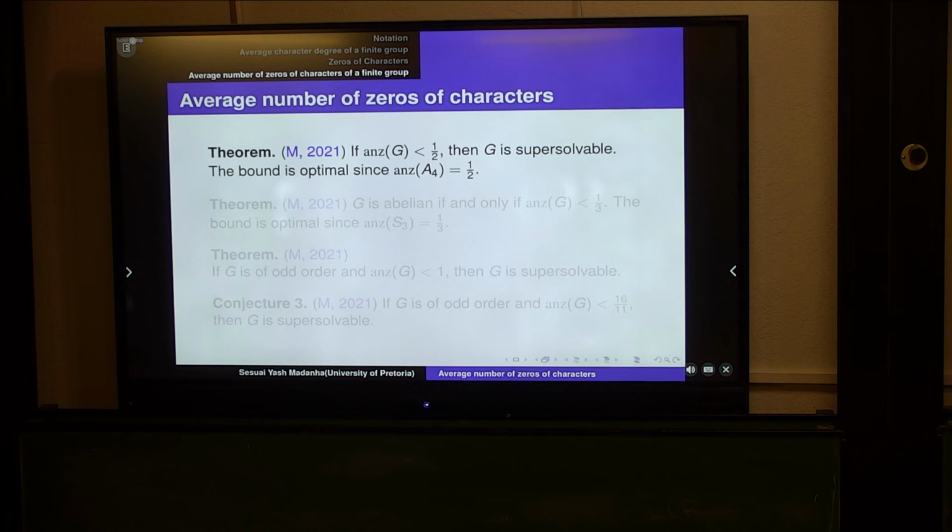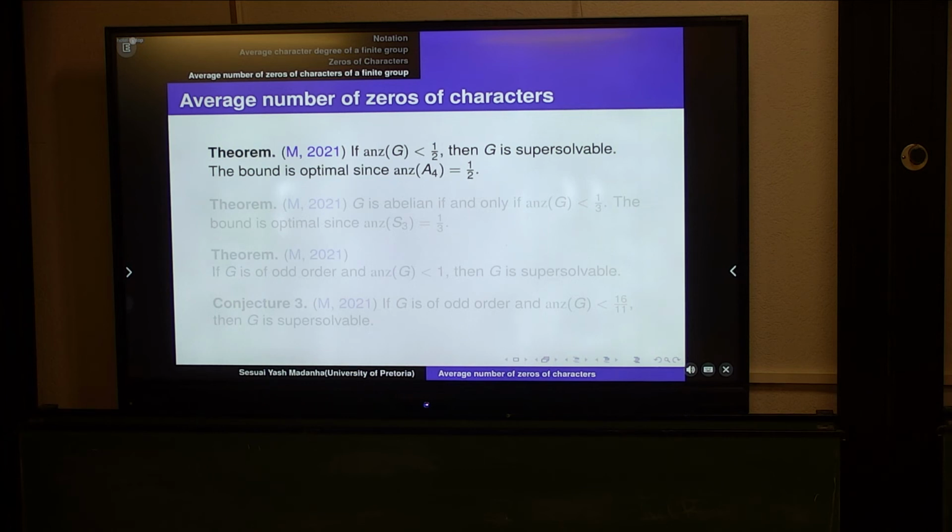And then I went on to look at supersolvability, and again, the bounds are guided by the groups that gave us optimal average character degrees. So again, I looked at the average character degree and saw that, okay, for A4 it is a half, so if it's less than that, then the group should be supersolvable.